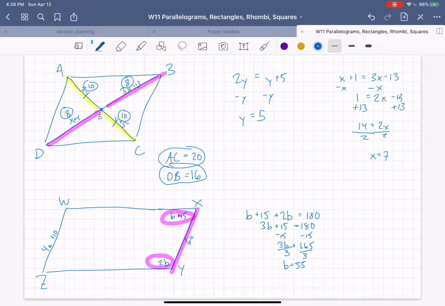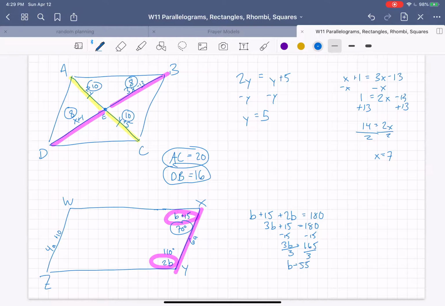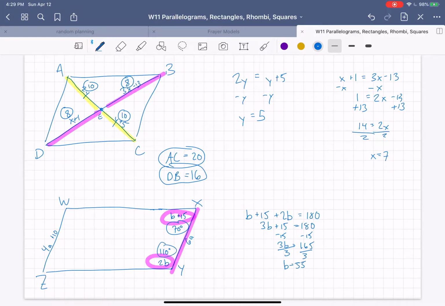So if we take this further, we have to plug it in. So we have 2B, so we do 2 times 55, which is 110. And then hopefully it works out. Once we do 55 plus 15, we get 70, and those two add up to 180. So we have angle X, we have angle Y. Can we figure out the other angles?